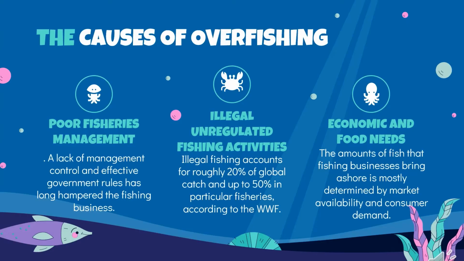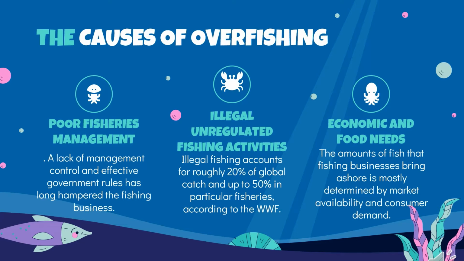The causes of overfishing. First of all, poor fisheries management. A lack of management control and effective government rules has long hampered the fishing business. Second, illegal, unregulated fishing activities.